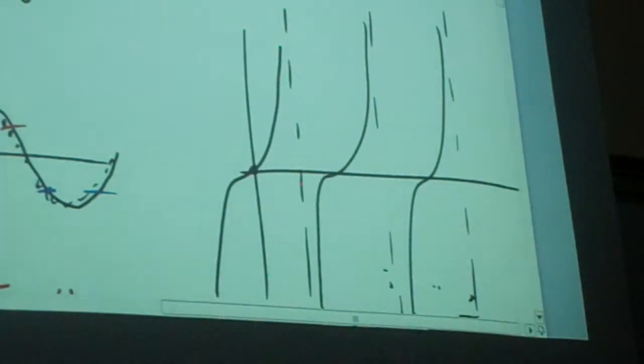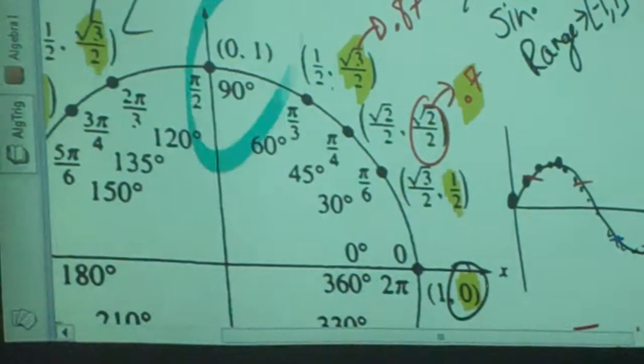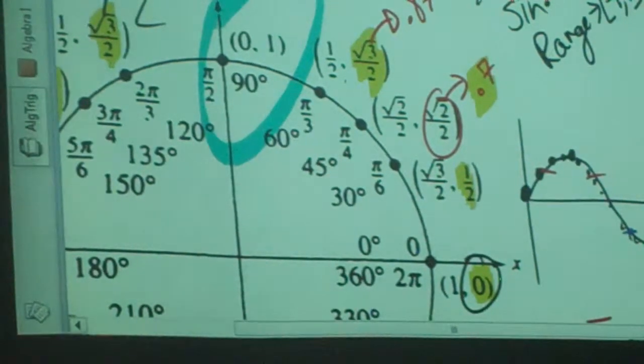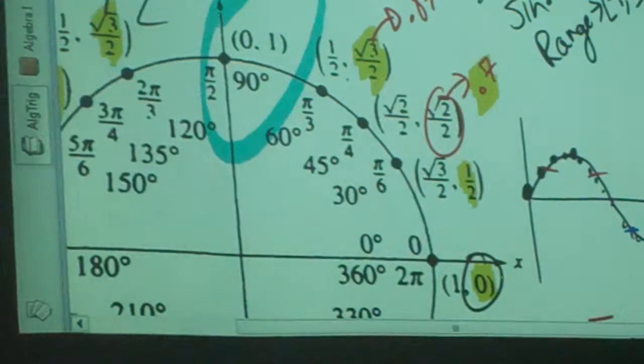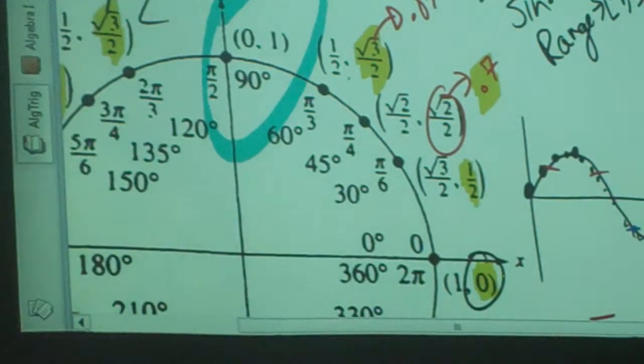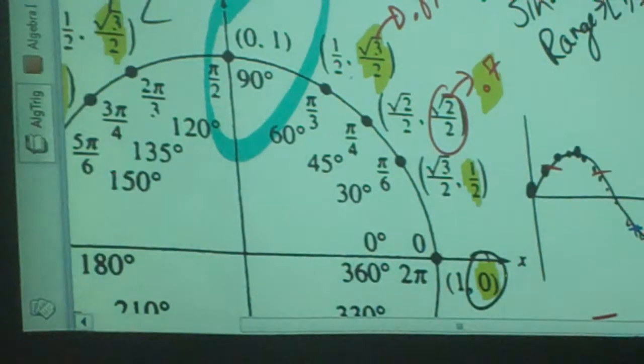Do you remember when you did some of the y's over x's, they were undefined? If you take 1 over 0, that's undefined, right? So at 90 degrees, tangent would be undefined. So there's an asymptote there. It would never actually exist at 90 degrees, but it approaches it. And the same with 270 degrees.